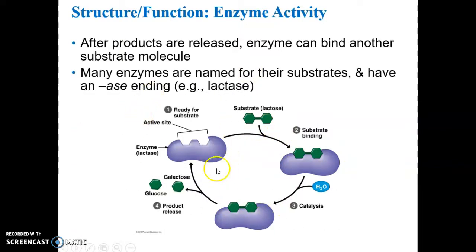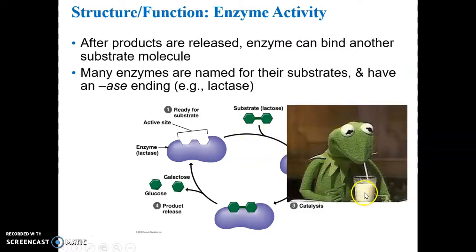And again, many enzymes are named for their substrates and have that ASE ending, like the lactase enzyme that acts upon lactose, its specific substrate. So if you can break down and utilize lactose in milk, it's because you produce in your body the enzyme lactase.